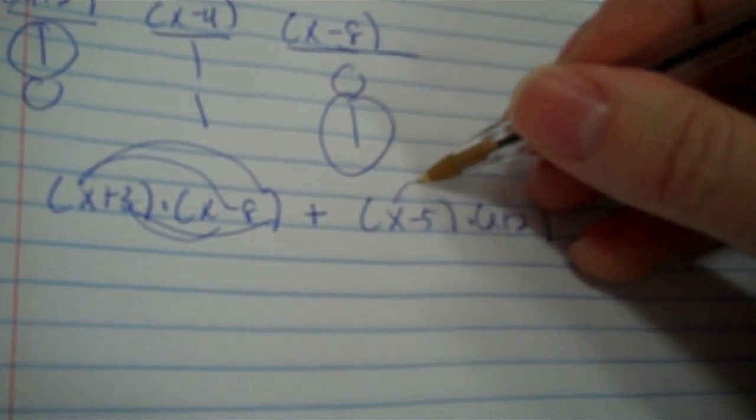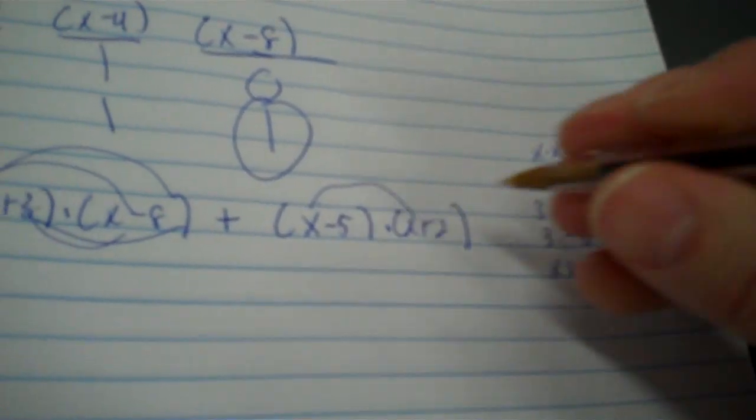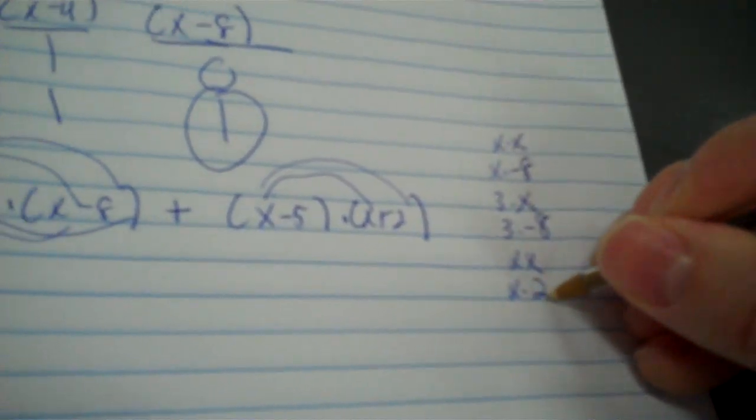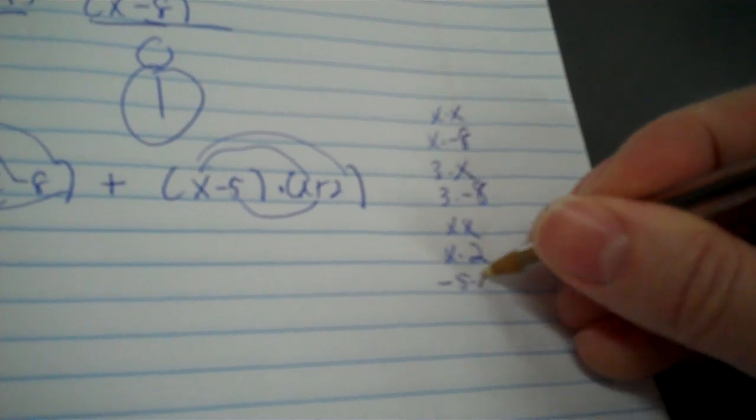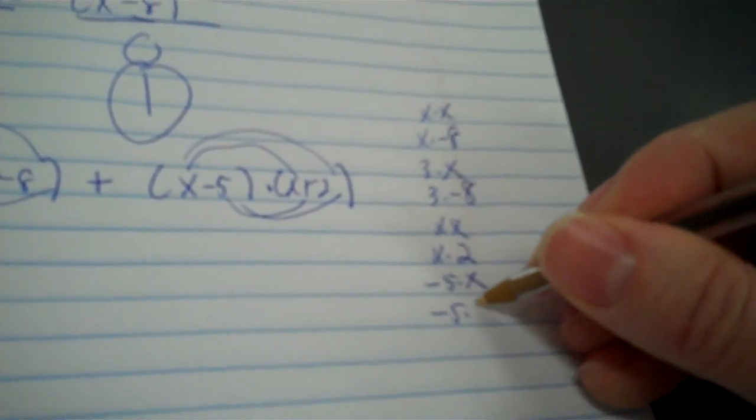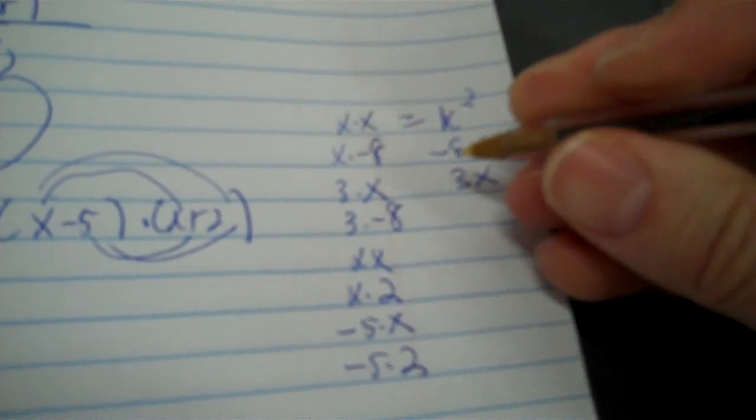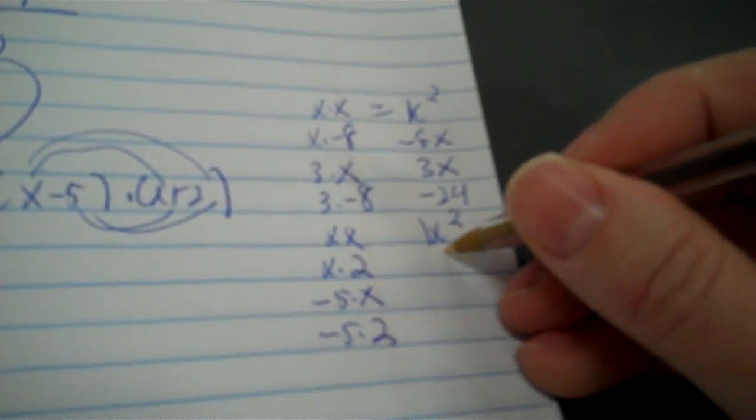Don't stop there because we have to keep going. x times x, x times 2, negative 5 times x, and negative 5 times 2. So that's x squared, put a 1 in front, negative 8x, 3x, negative 24, x squared, put a 1 in front, 2x, negative 5x, negative 10.